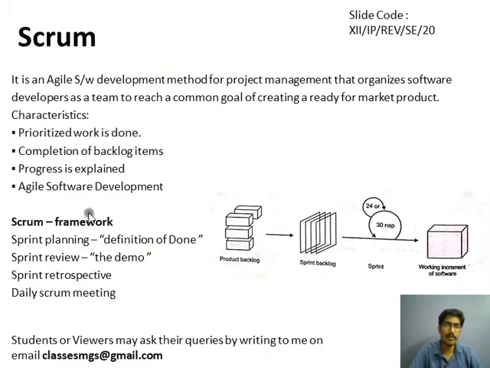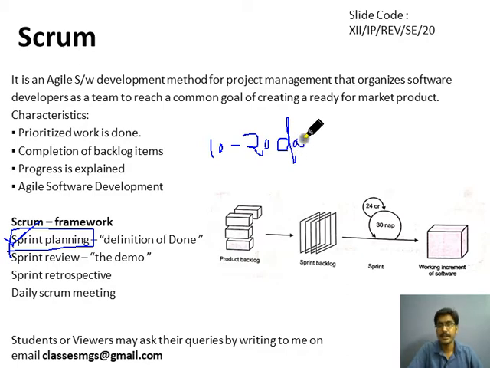Now we will see what is the Scrum. In Scrum we first plan the sprint. Sprint is basically a 10 to 20 days time frame in which one sellable product is delivered.